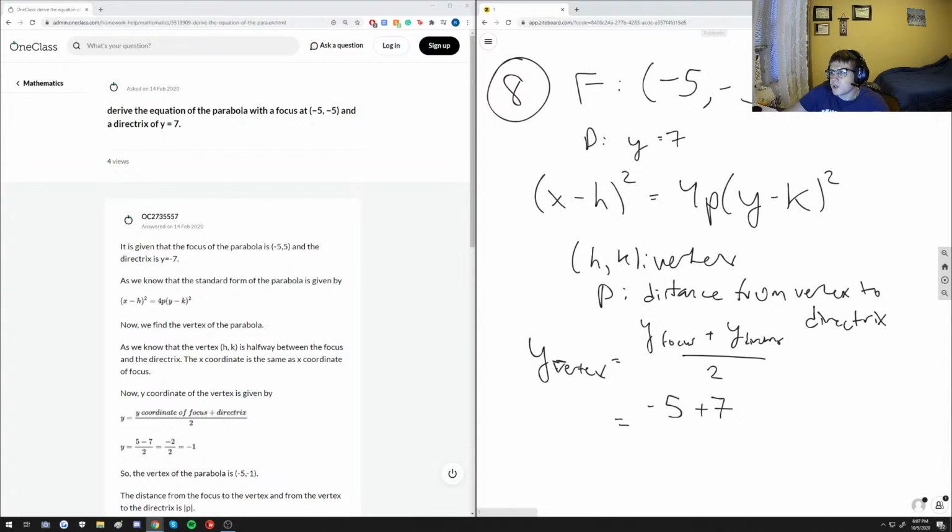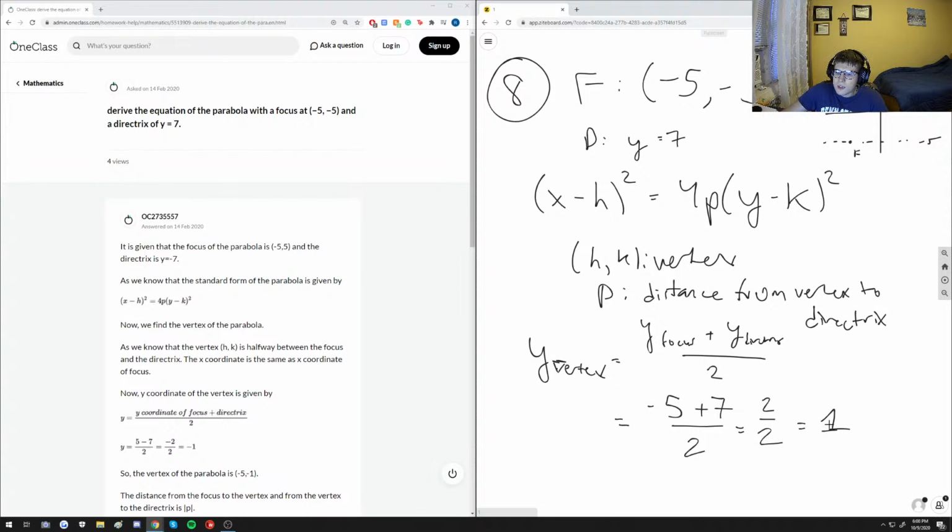If we think about this graphically, we have a focus at (-5, -5) and a directrix up here at 7, so our vertex will be somewhere in the middle. Finding this midpoint is simple. You just sum them both and divide by 2, so this is 2 over 2, and we get 1.